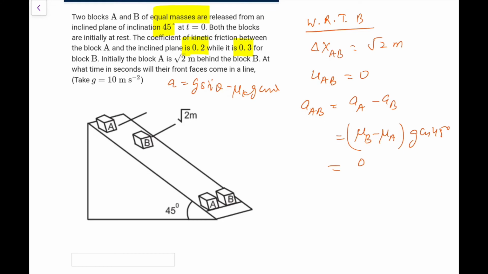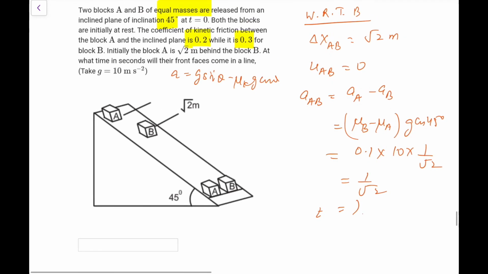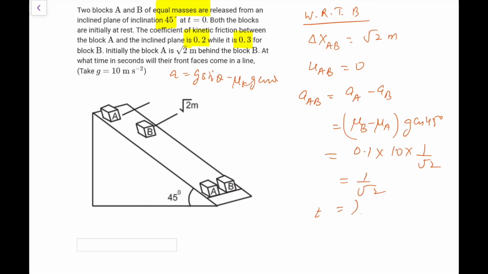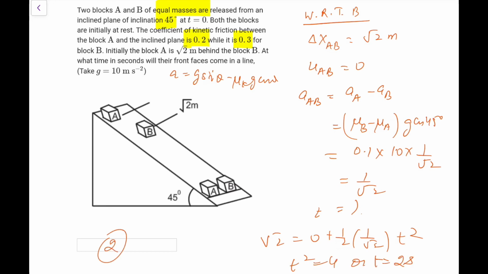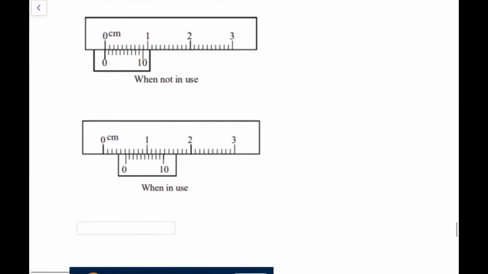So mu B minus mu A, that is 0.1, into, let's say, 10 into 1 by root 2. So this comes out as 1 by root 2. So you have to find the time. Acceleration remains constant, so apply the second equation. Root 2 is 0 plus half into 1 by root 2 into t square. So t square comes out as 4, t comes out as 2 seconds. So this answer is going to be 2. So time period this time is 2 seconds.